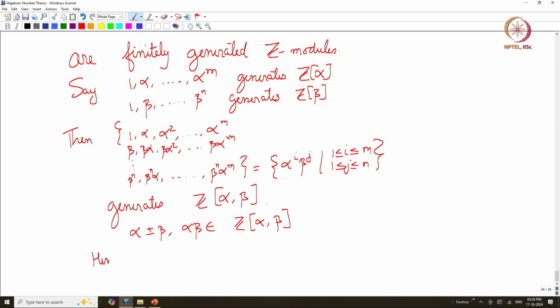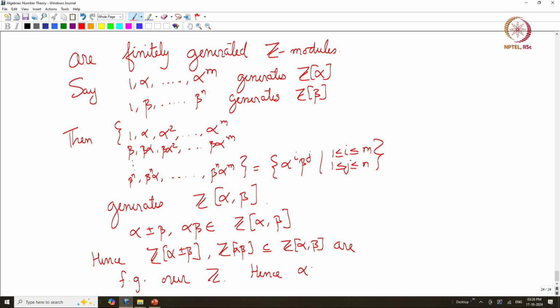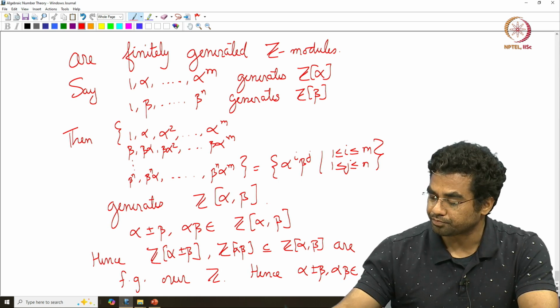So, hence Z[alpha plus minus beta] and Z[alpha beta], these are contained in Z[alpha, beta], and are finitely generated over Z. Hence, by the result that we proved last time, they are also in O_K, they are also algebraic integers. So, we have proven that O_K is a ring.